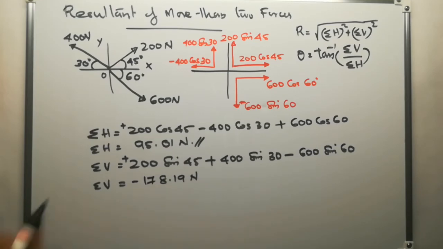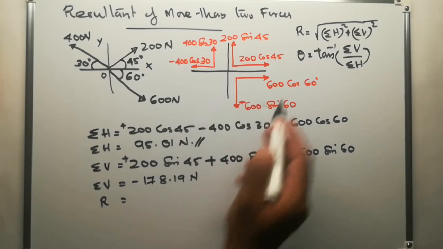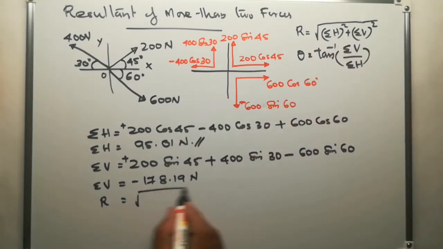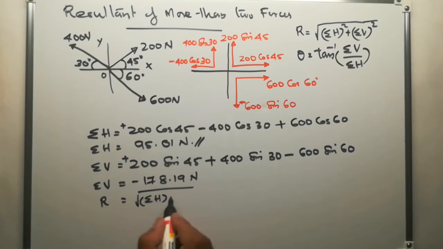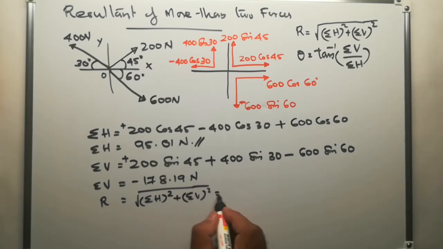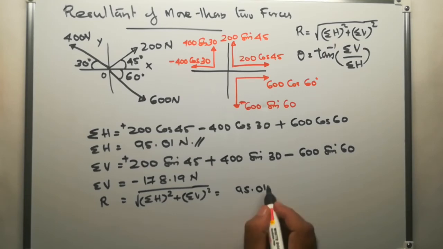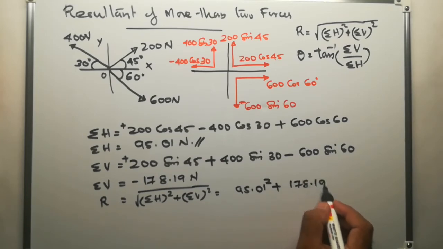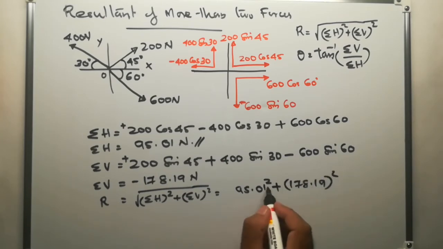So we have sigma H and sigma V. Now the magnitude of the resultant R is equal to square root of sigma H square plus sigma V square, that is equal to 95.01 square plus 178.19 square.